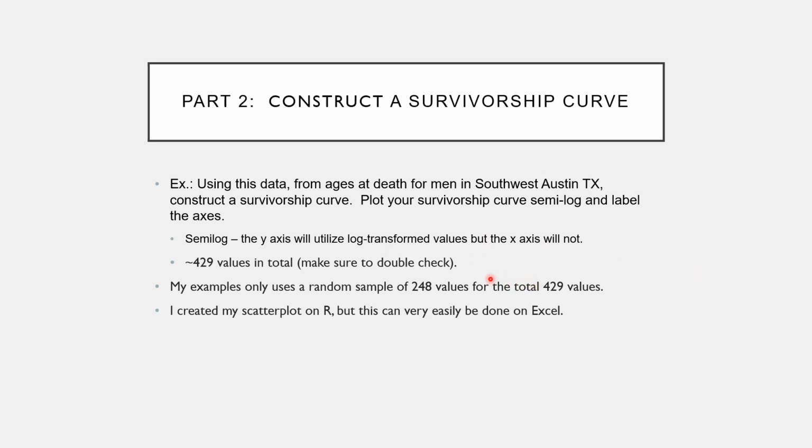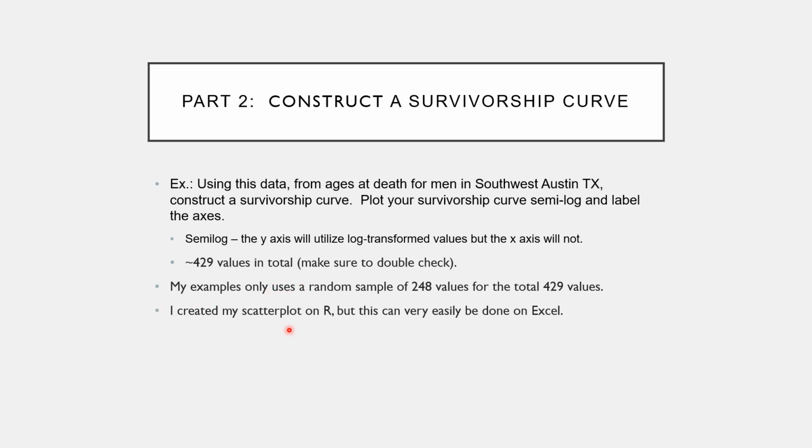All this will make more sense as we go through this PowerPoint, because we're going to be doing everything step by step. It should be pretty smooth for you guys to complete on your own. So your total number of values is somewhere around 430. I did not use all your values, so I would definitely double check to make sure you have the right total number of values right at the beginning, because that is going to be very important as you continue on with this exercise.